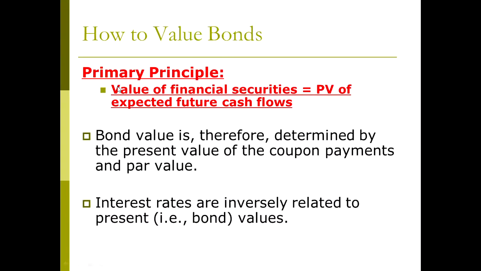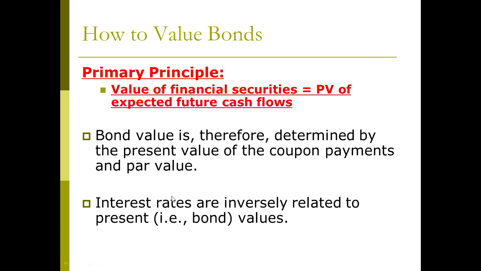Okay, so the primary principle is that the value of any financial security is the present value of the expected future cash flows. For the bond, it is determined by the present value of all coupon payments and, in the terminal period, the par value payback.